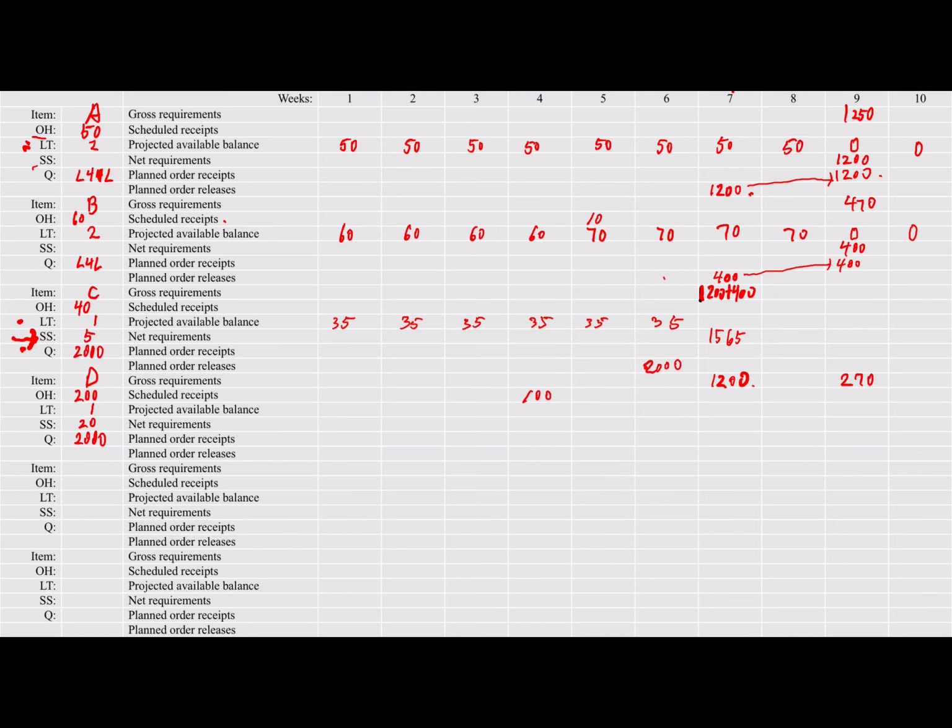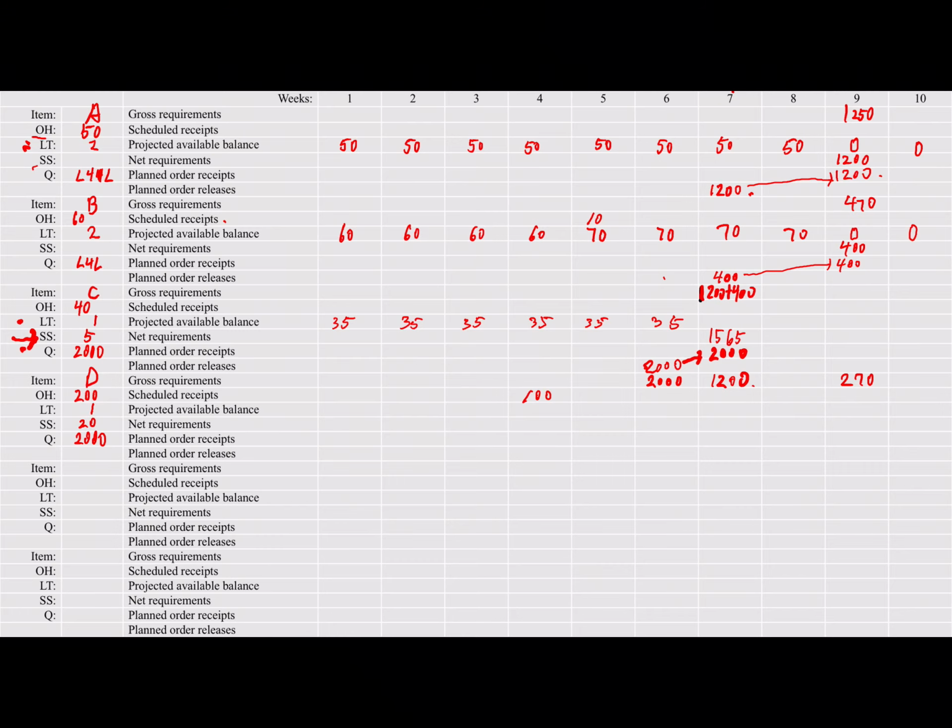Then I need to put 2,000 of D at the same week, because we want this 2,000 D to arrive in the same week. Now we place the order, and this order will arrive next week, at week 7, 2,000.